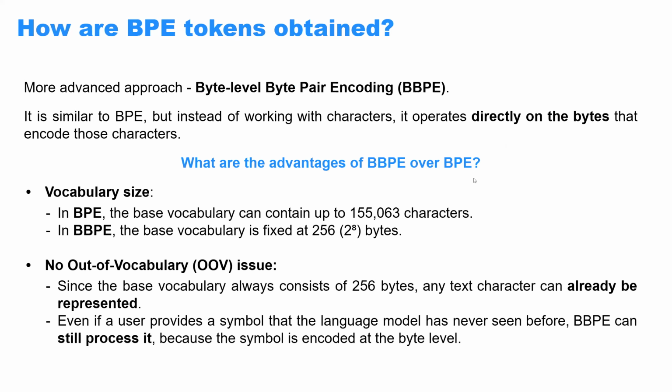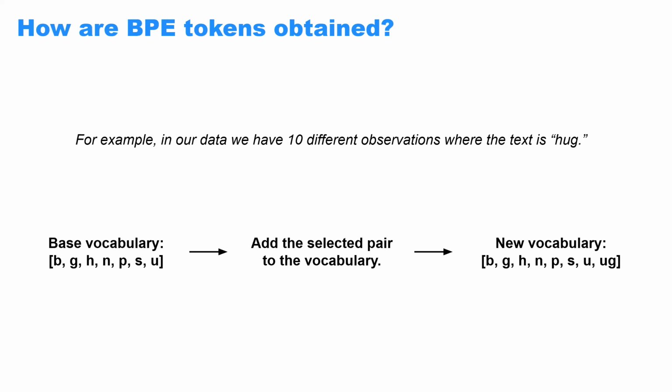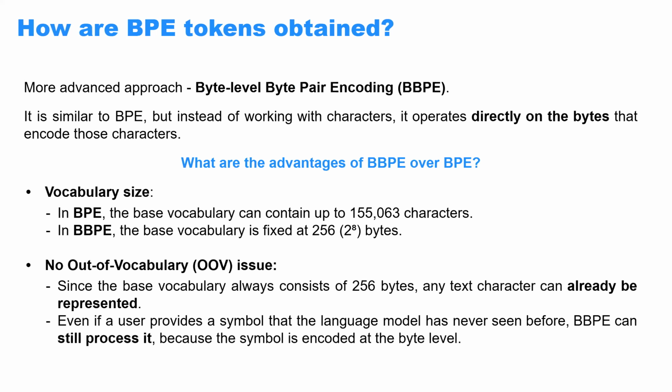Afterwards, we do the same until the size of the vocabulary is reached. However, this approach isn't the best. The best one is byte-level byte pair encoding.